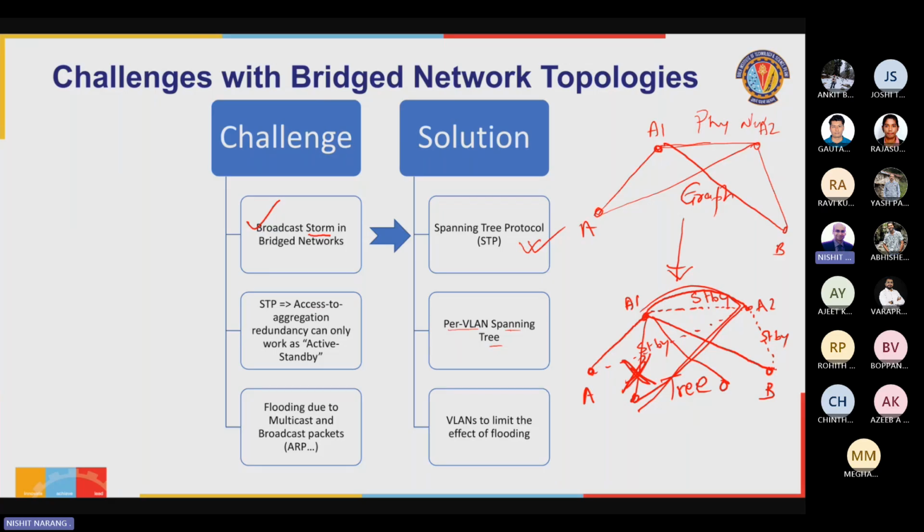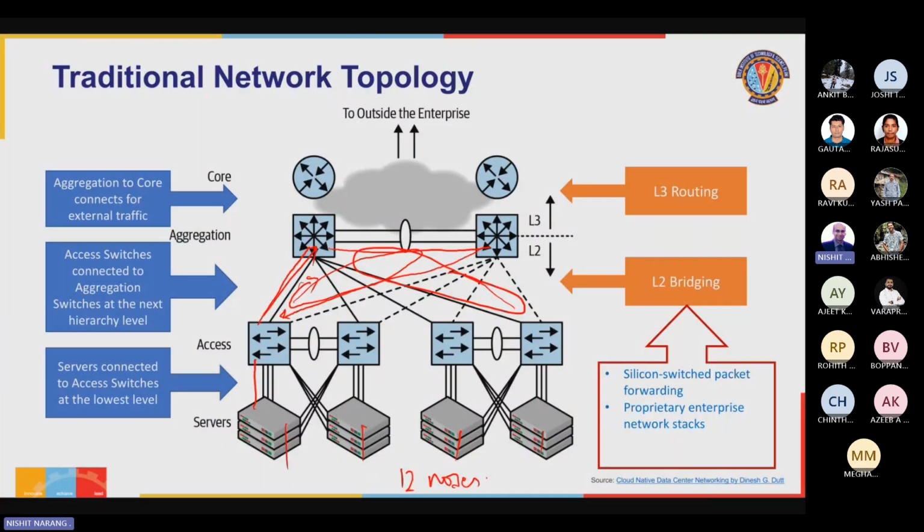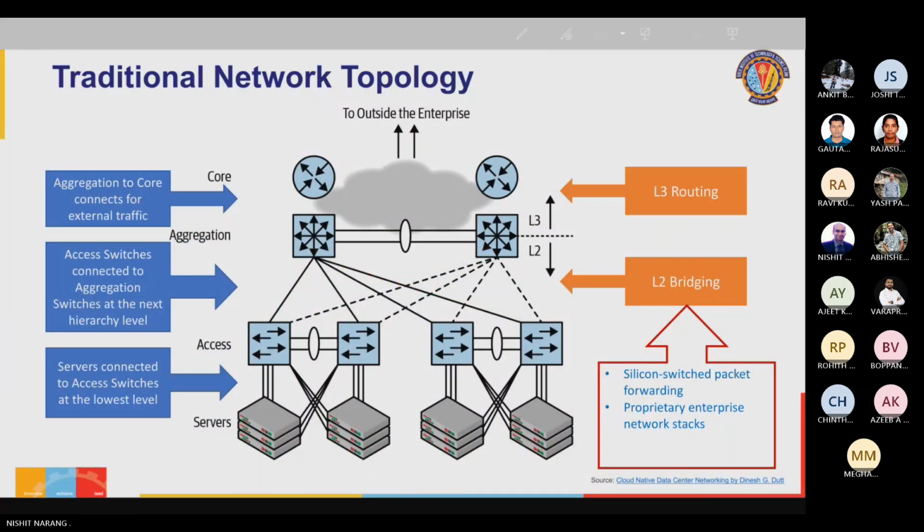So what it means for our access aggregation core data center network topologies is that all the duplicate redundant links that you can see in this diagram, while they exist, the bandwidth available on those links is not being utilized. So in a different way, you can say that it's also not a very elegant solution, the use of spanning tree protocol.